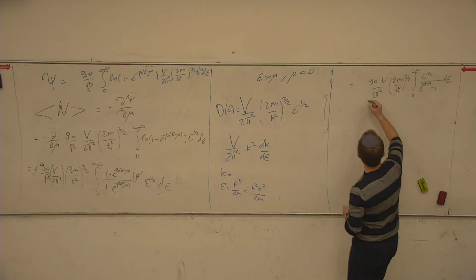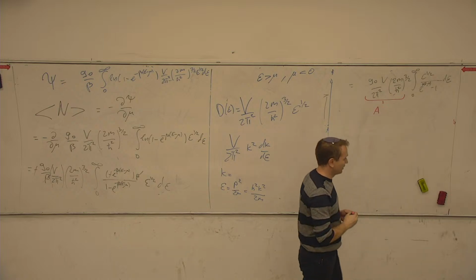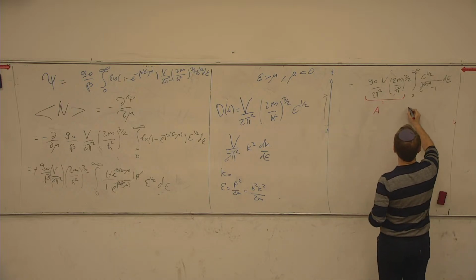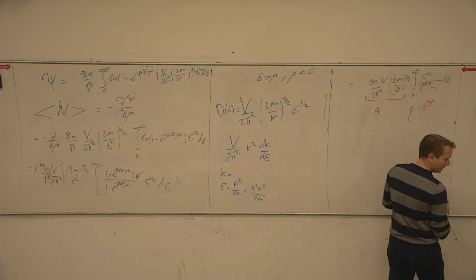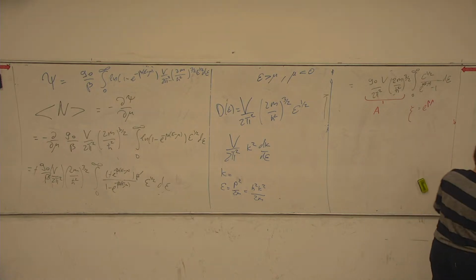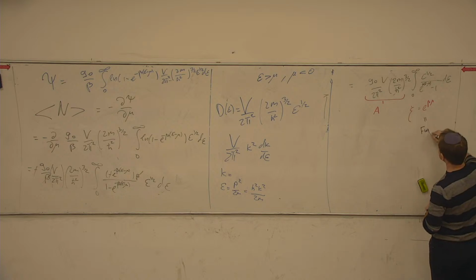Okay, so let's call whatever it is A. Let's call zeta equal to e to the power beta mu. It has a special name. I don't know the translation to Hebrew, but in English it's called fugacity.